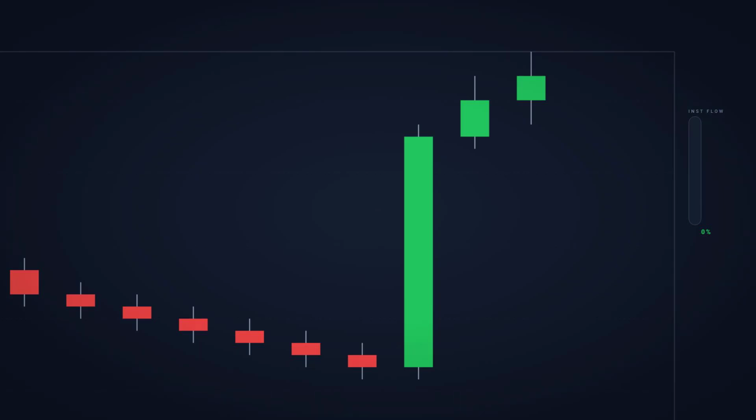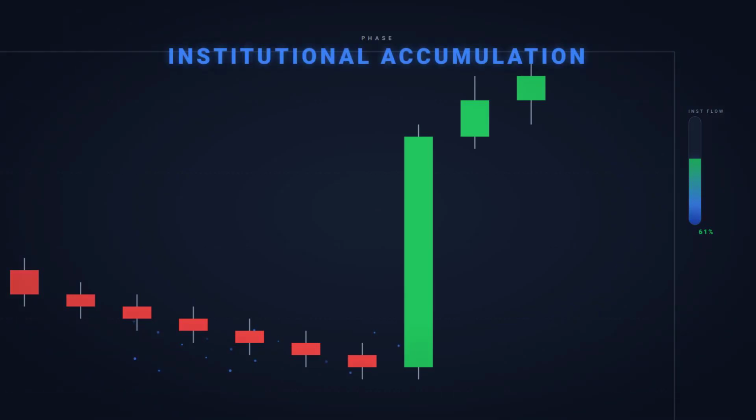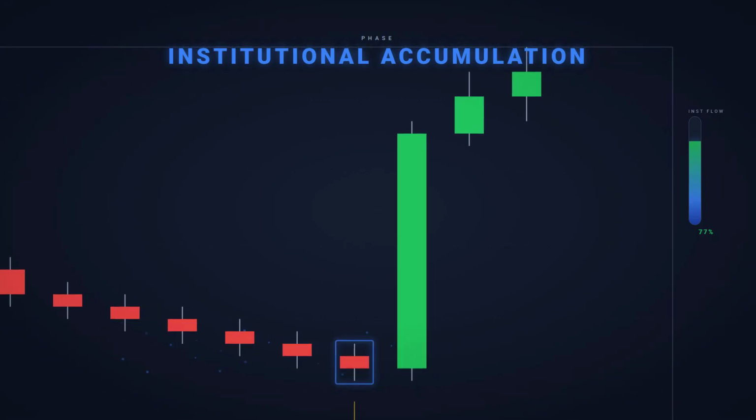So instead, it works the position in over time, accumulating through a series of smaller orders, often disguised as ordinary market activity. That process of accumulation tends to leave a fingerprint. The last bearish candle, or sequence of bearish candles, before a strong bullish displacement is typically where that accumulation was happening.